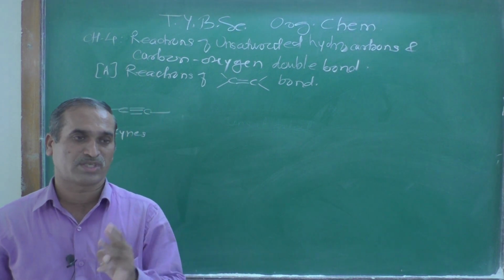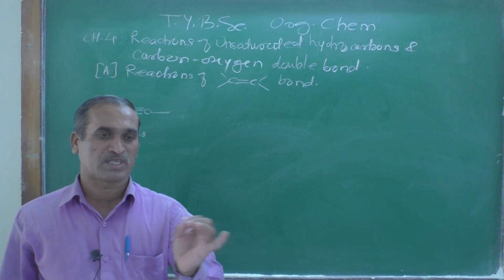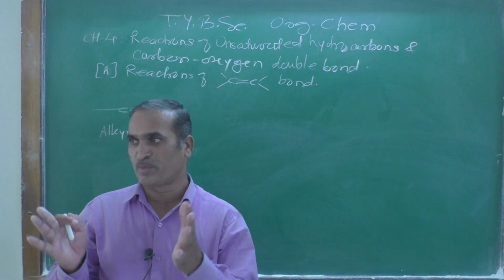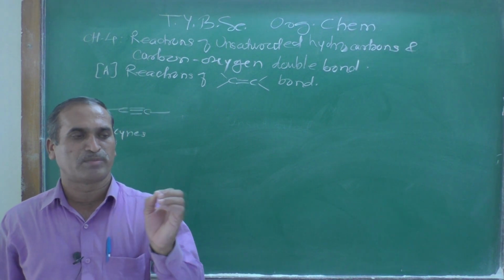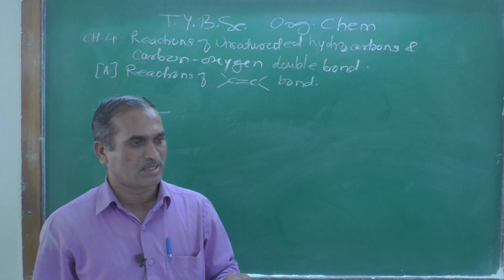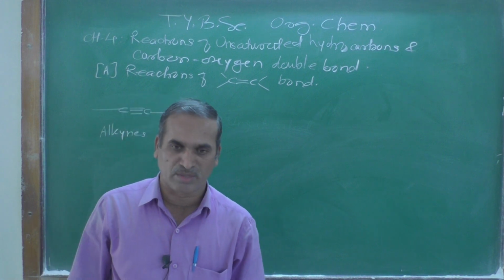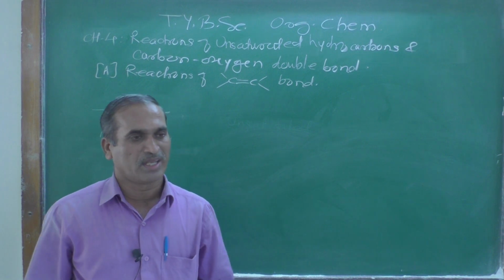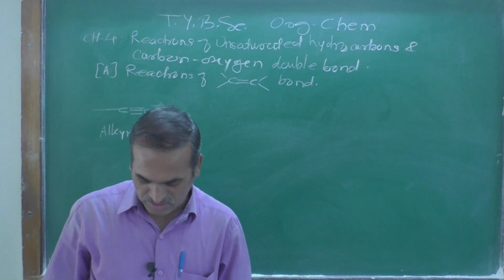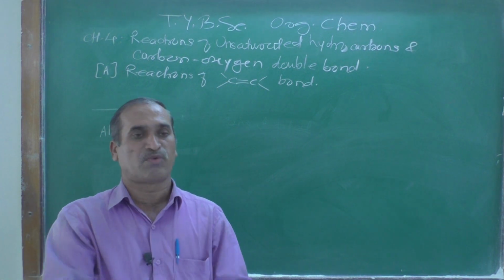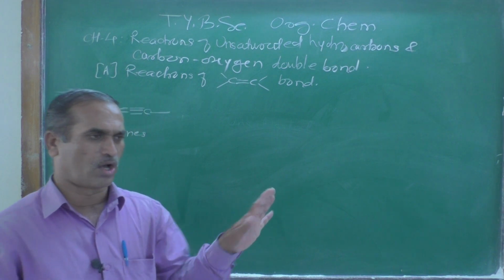And hybridization, as we know, is the process of mixing and recasting of atomic orbitals of different energy in an isolated atom to form a new set of orbitals equal in energy, and the new orbitals formed are known as hybrid orbitals.